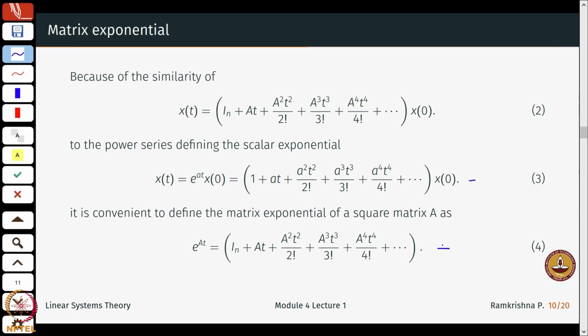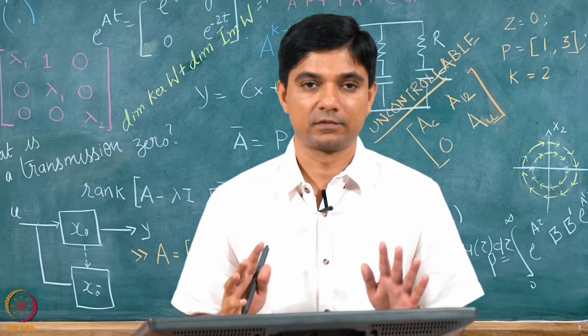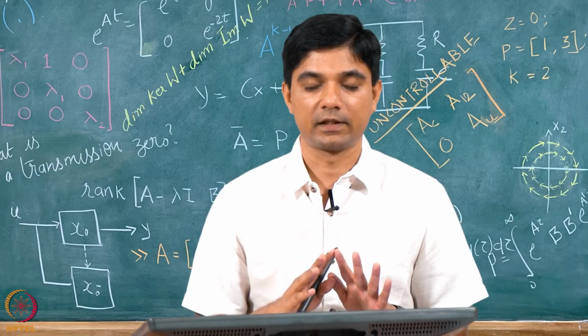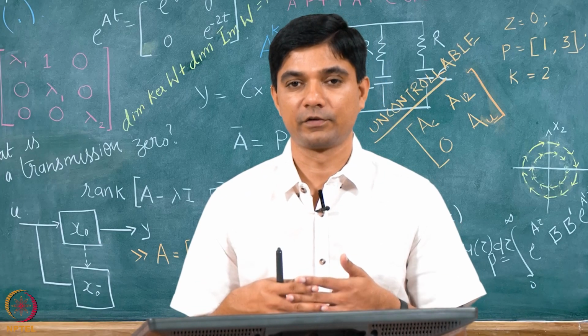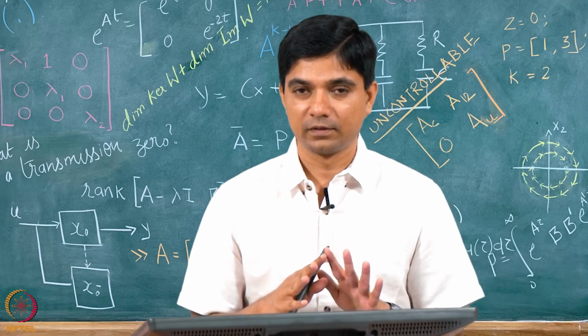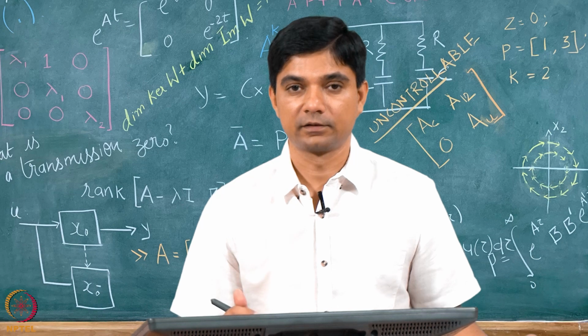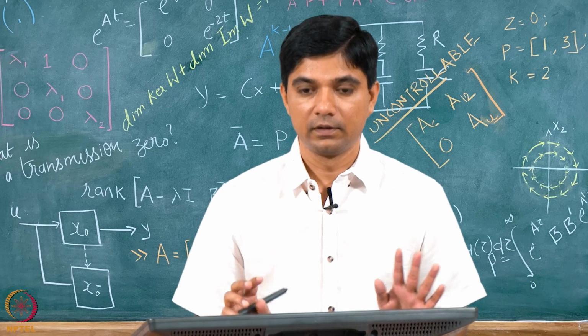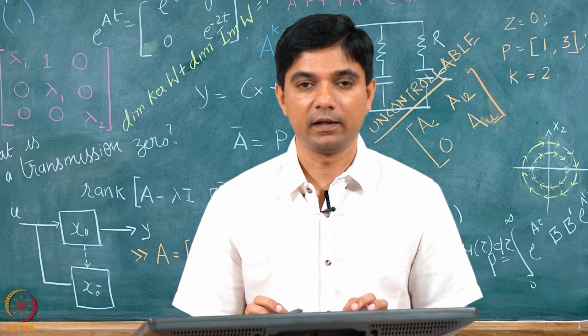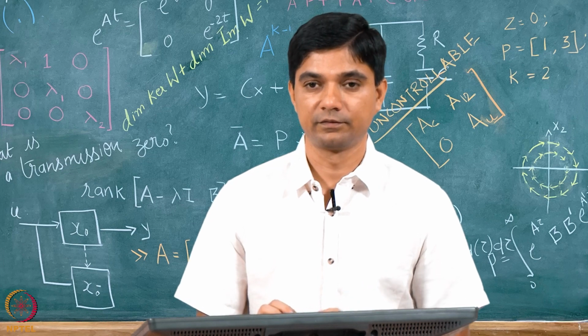That is the first step towards writing solutions of state space equations, assuming that u is 0. We are not at the moment worrying much about what is the nature of input. So, we just look for autonomous systems x dot equal to a x. We'll pause here for a while and then continue this with this lecture.